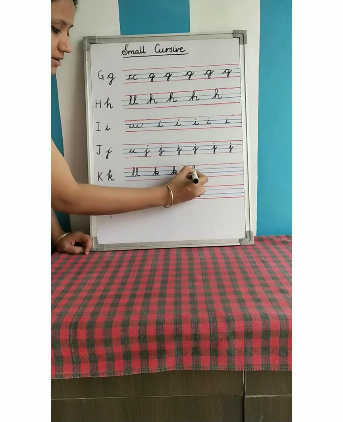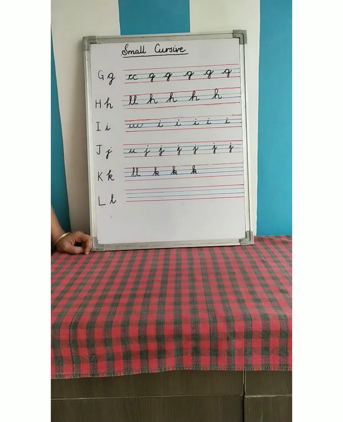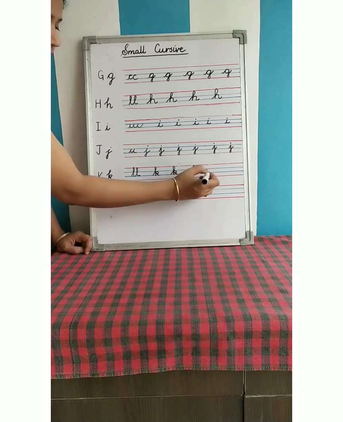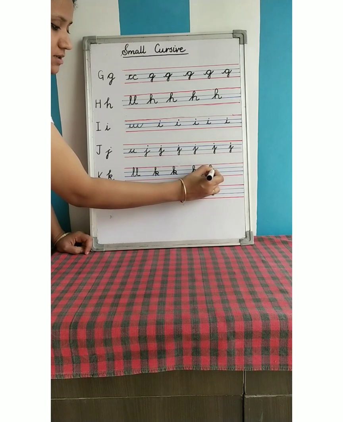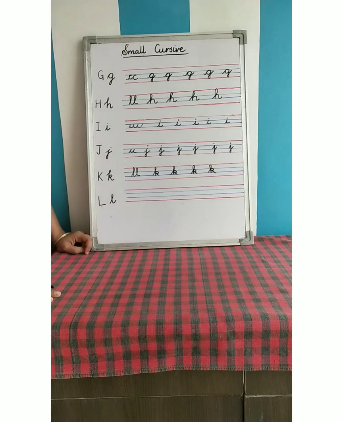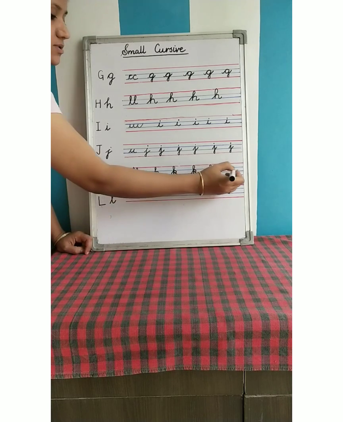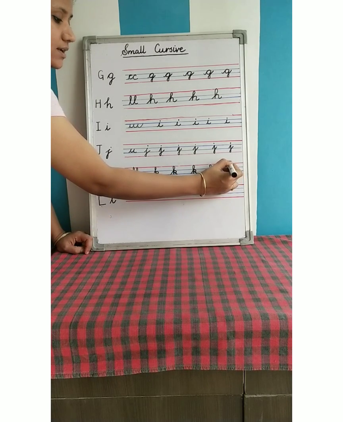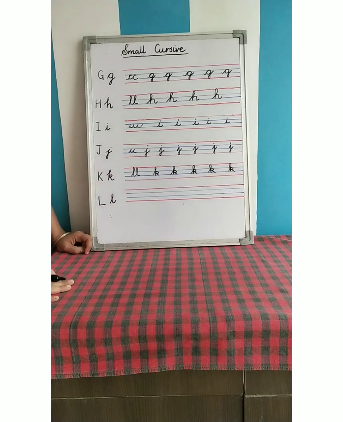Pattern, circle and a slanting line. Then again an L-shaped pattern, circle and a slanting line. Let us see it again. L-shaped pattern, circle and a slanting line.